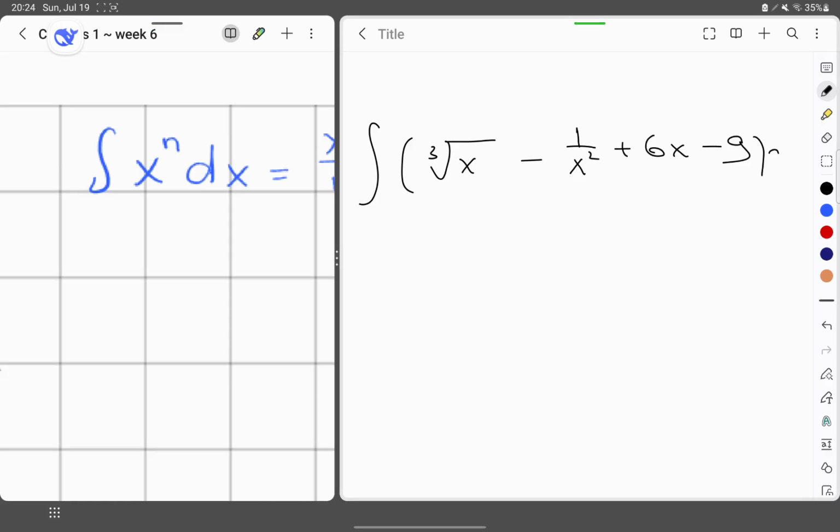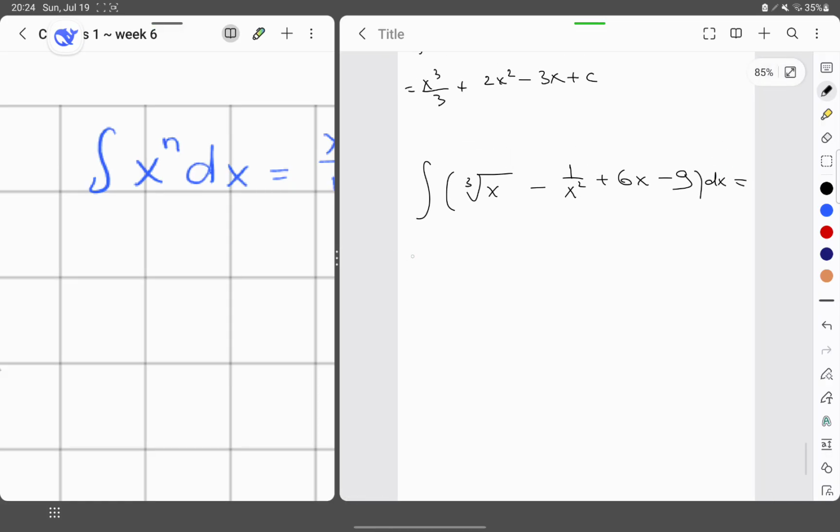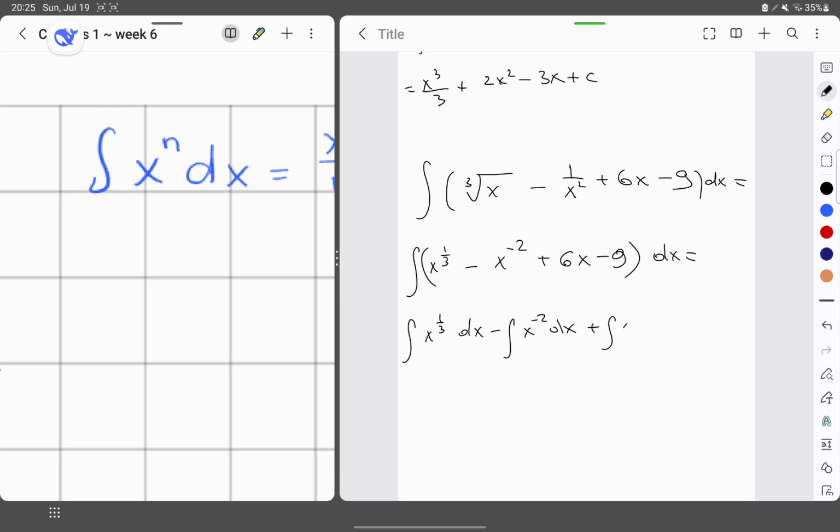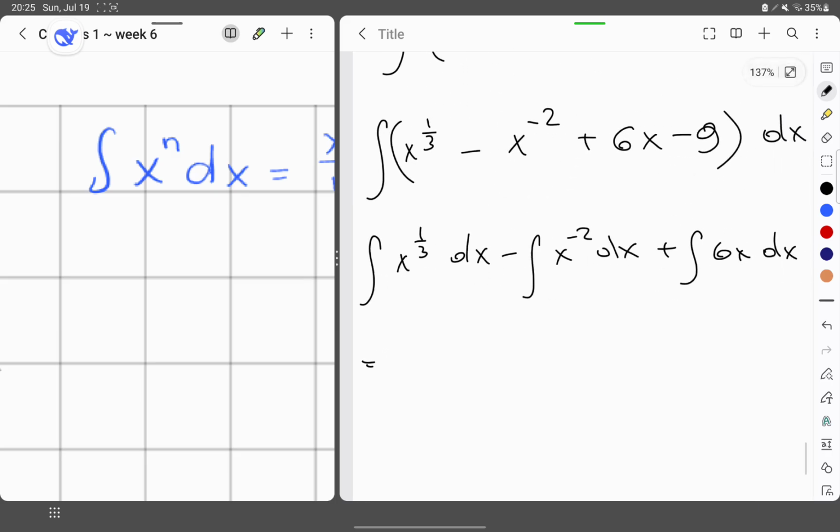We will write this as x to the power of 1 over 3 minus x to the power of negative 2 plus 6x minus 9 dx. And it will be the integral of x to the power of 1 over 3 dx minus the integral of x to the power of negative 2 dx plus the integral of 6x dx minus 9 times the integral of dx.